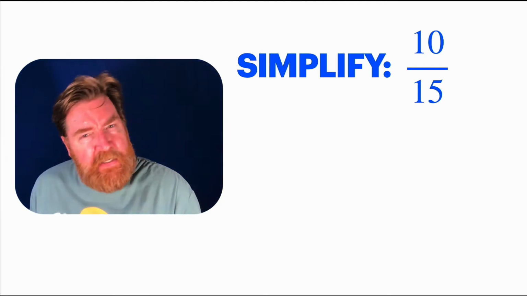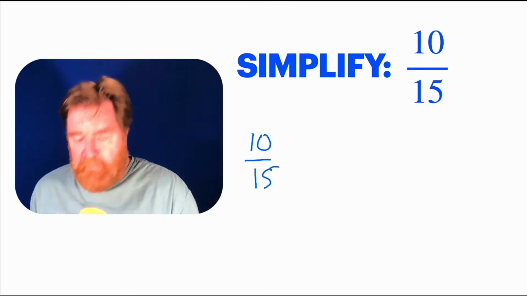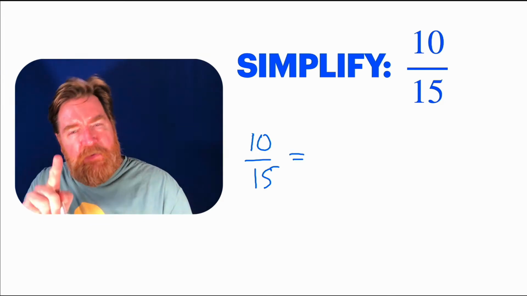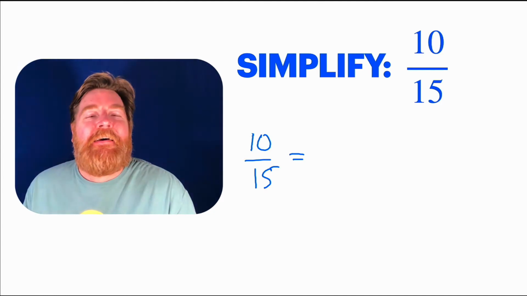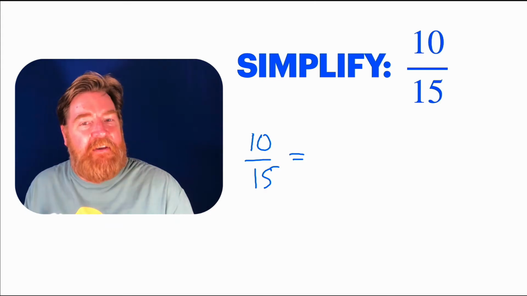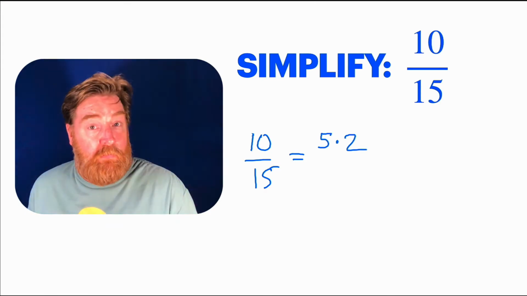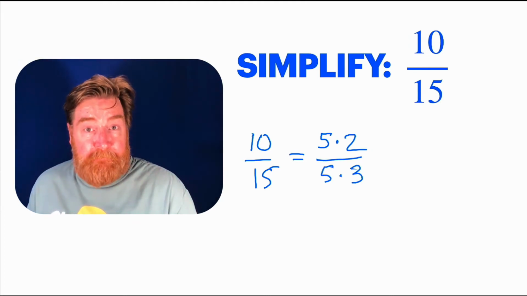Well, 10/15, if I write that down there, I can factor both 10 and 15 because they share a common factor of 5. 10 is 5 times 2, and 15 is 5 times 3.